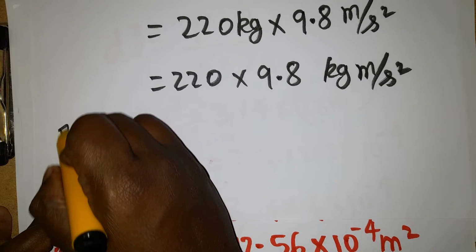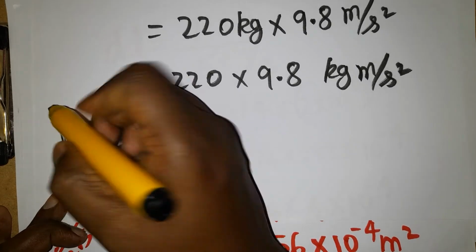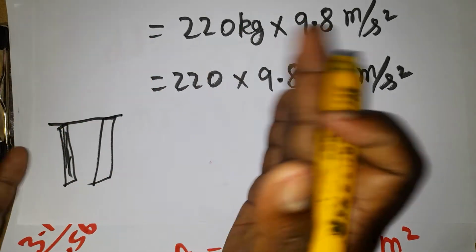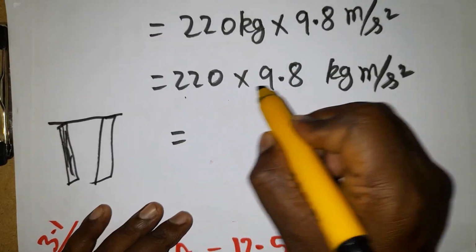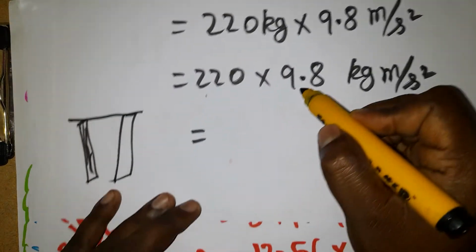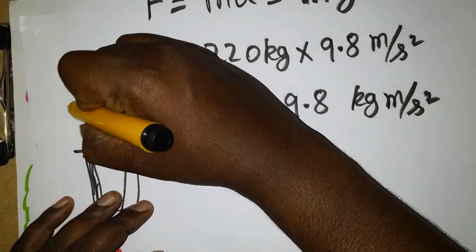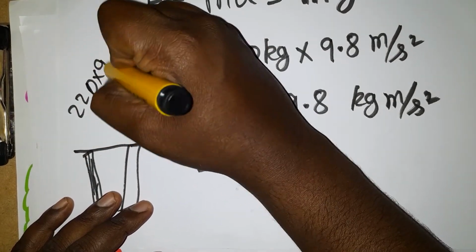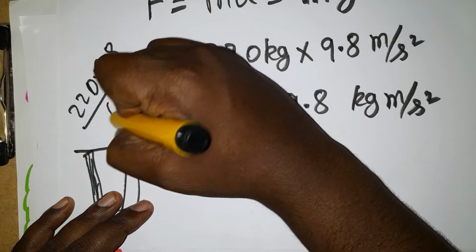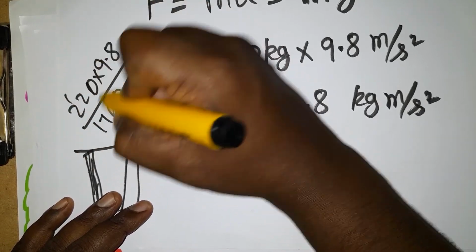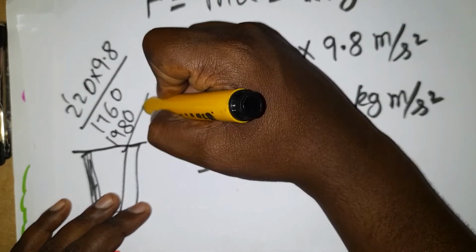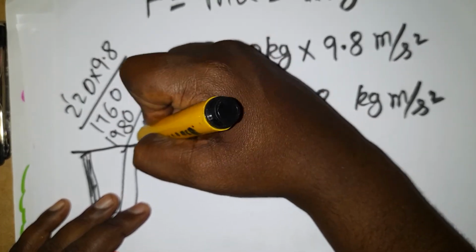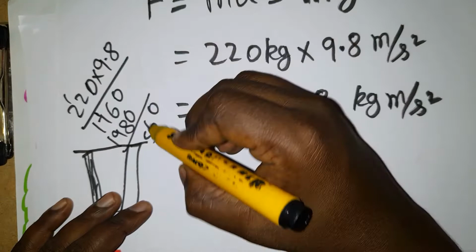So we are going to find how much the bone gets compressed for only one leg, so the force is divided into two parts. Now we do the multiplication: 220 into 9.8.